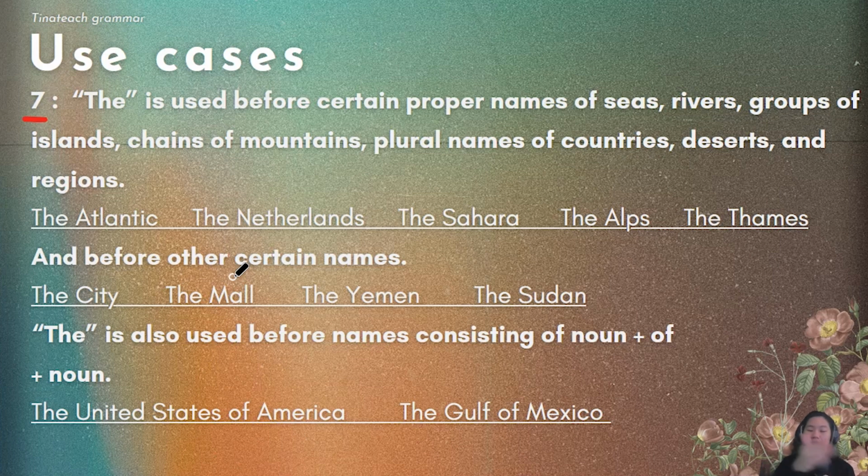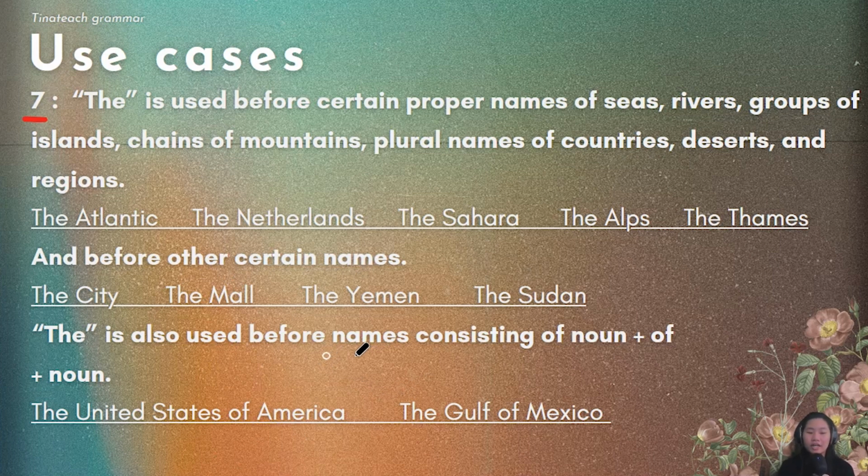They serve as both noun, oh, I went to the city yesterday, or as names, have you been to the city, right? And it could be just like a touristic place or something like that. The Yemen, the Sudan, okay?